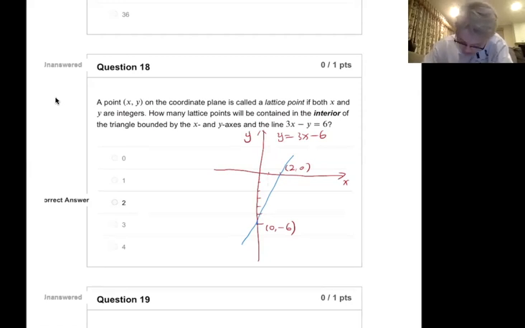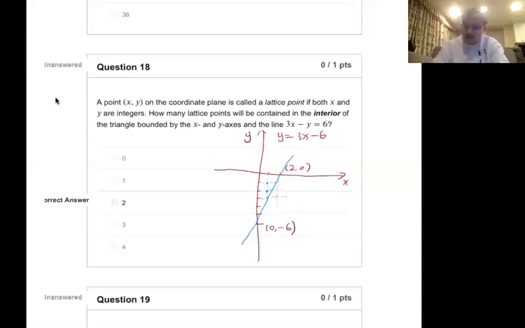So let's draw a line here, a line here. From the graph, we are sure that this point, 1, negative 1, and this point, 1, negative 2, are in the interior. But we're not sure if the third point is in the interior or not, because it's kind of on the borderline.